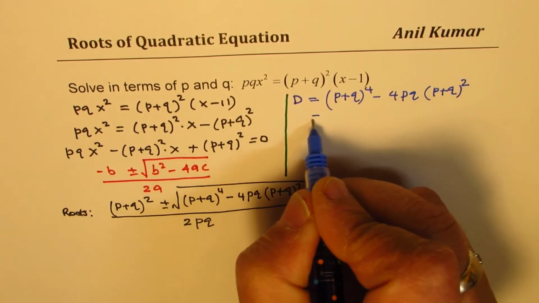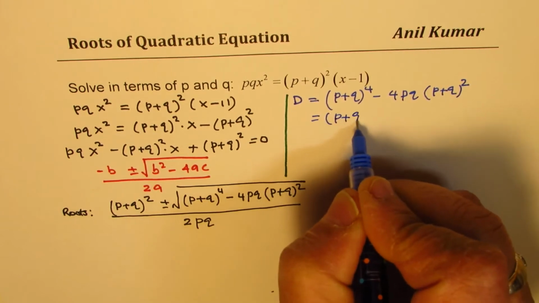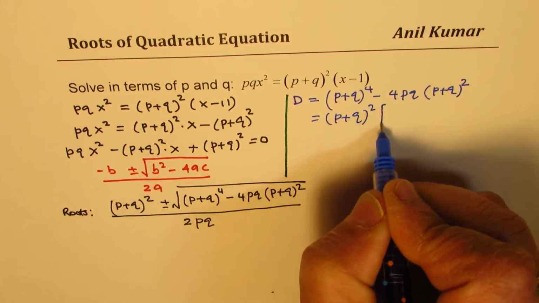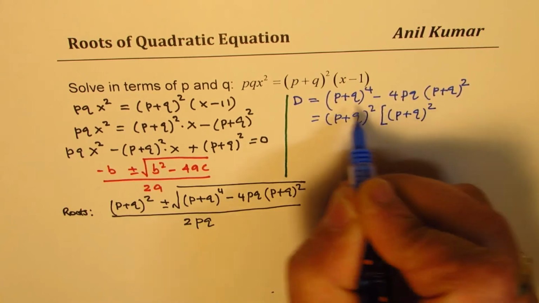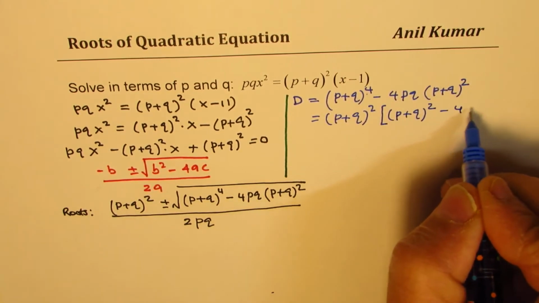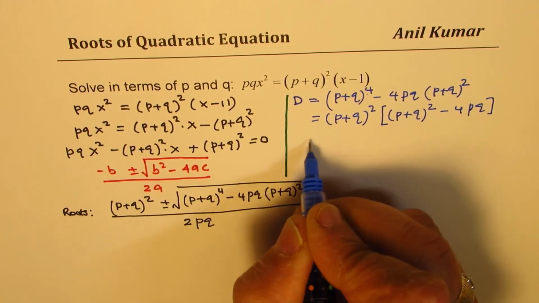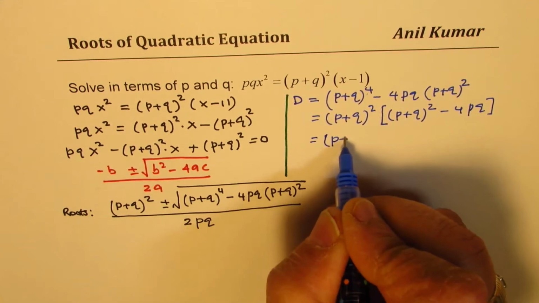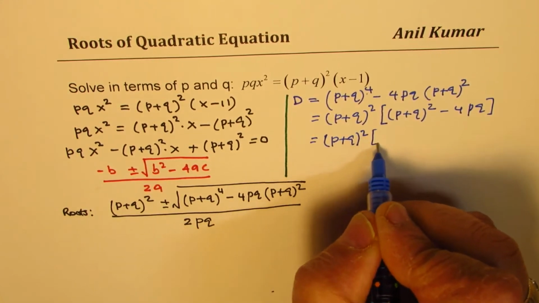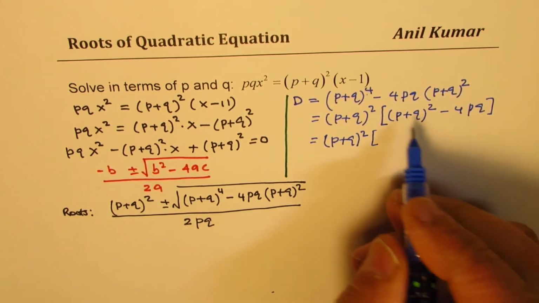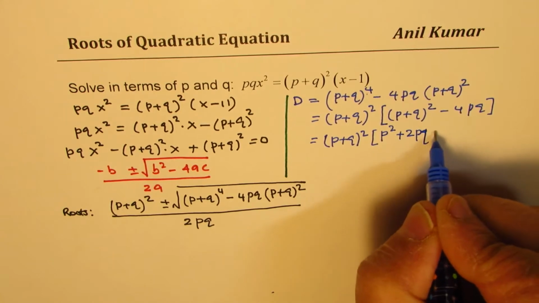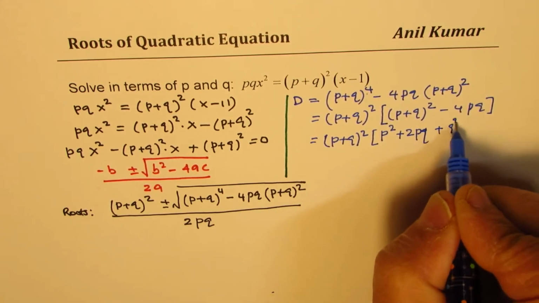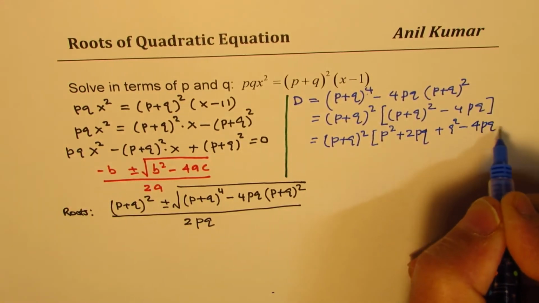So we can take them common, (P+Q)². If I take that common, I get (P+Q)² left here and minus 4PQ. Okay, so that gives you (P+Q)² times, when you open this up, P² + 2PQ + Q² − 4PQ, correct?